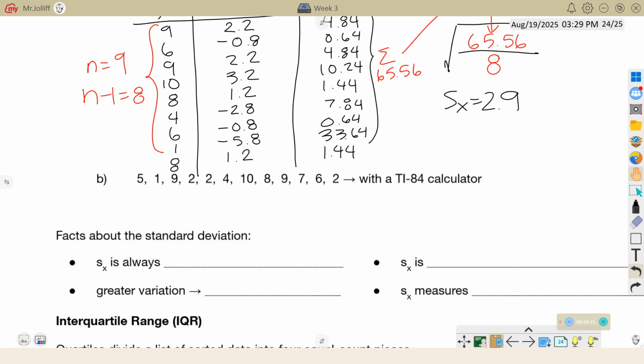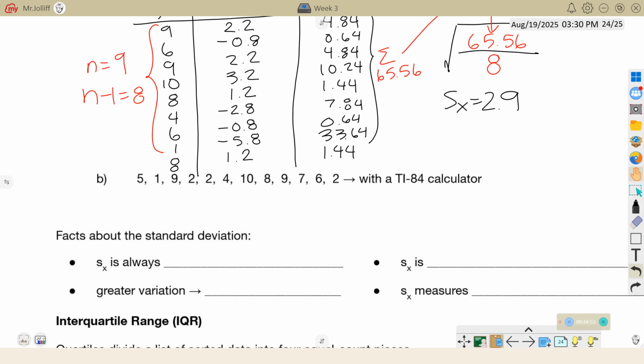Second mode always takes you home, and you're going to press stat, and then enter. Good, and then type the data values. Number, enter, number, enter, number, enter. So stat, up here in the middle. Good, and then enter. And then you're going to type those numbers into the list. 5, enter, 1, enter. Good. Second, quit.